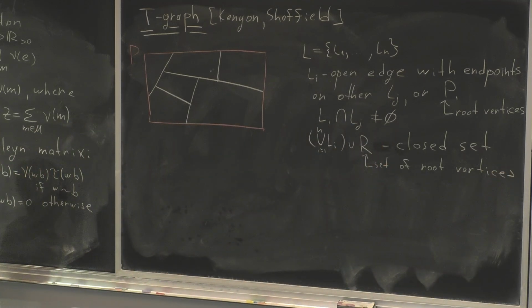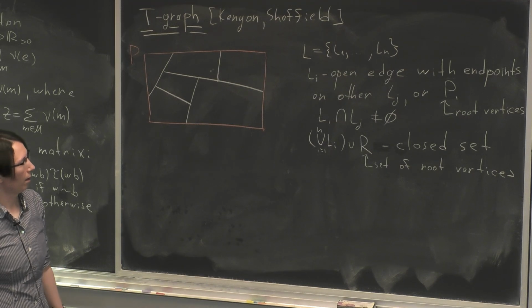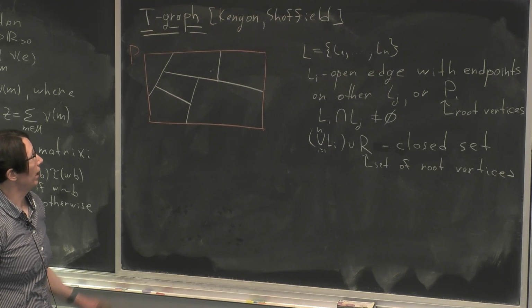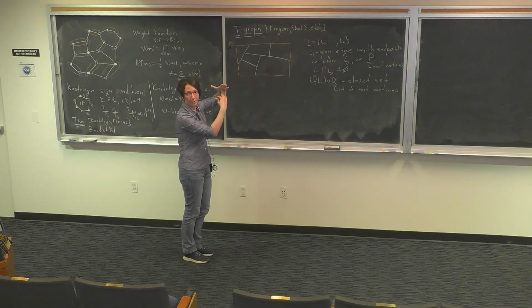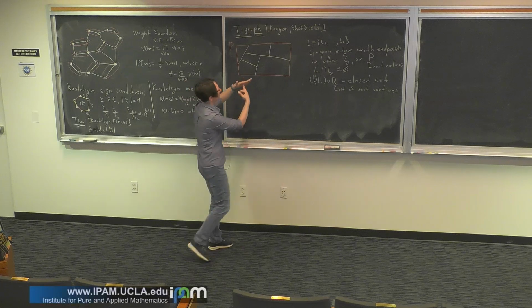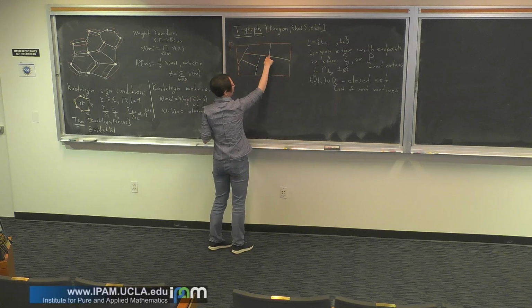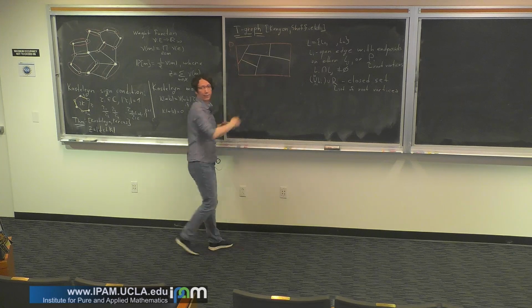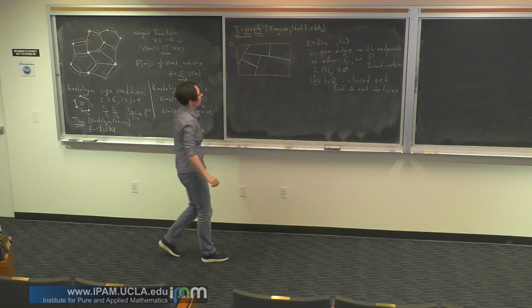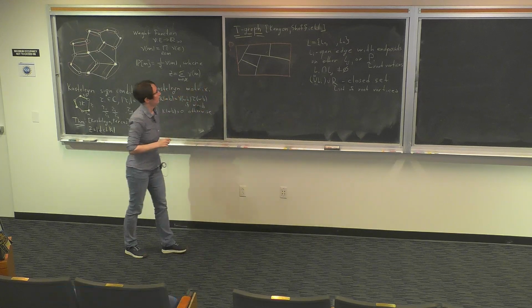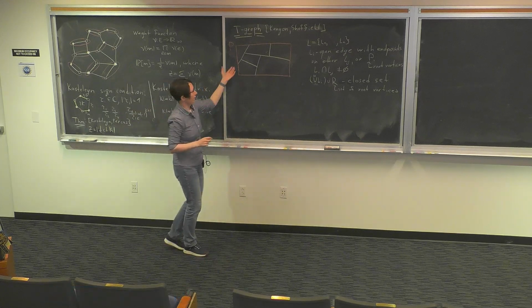Okay. So why is it called a T-graph? Because the typical vertex of a T-graph looks like a T, right? So here it is. You have an endpoint of an open edge on another edge, and the typical thing is a T letter. We can consider it as a graph, right?